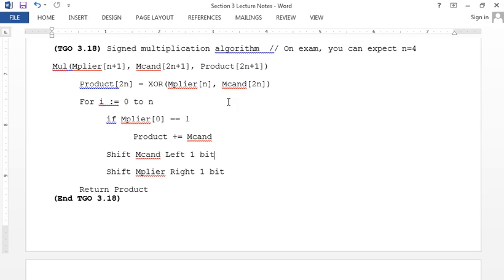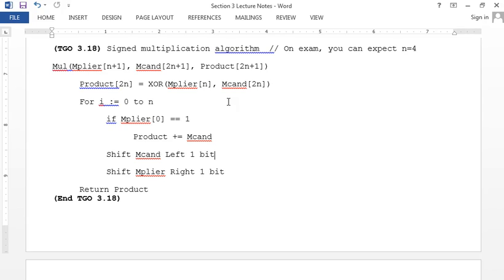No, the array is p of 2n plus 1, right? That is the size of it. So this is the inputs. I have an array of size 9. Now here, when I'm saying product of 2n, I'm actually accessing a specific element in the array. So it's the 8th element, right?